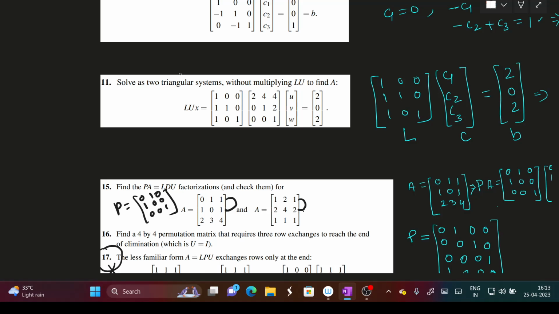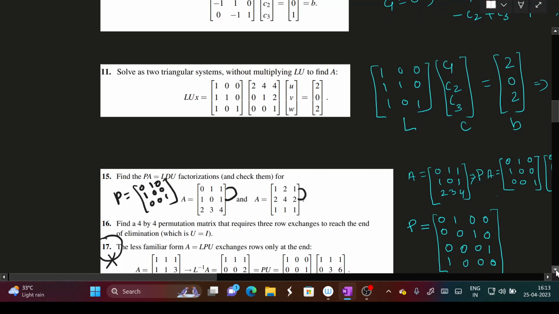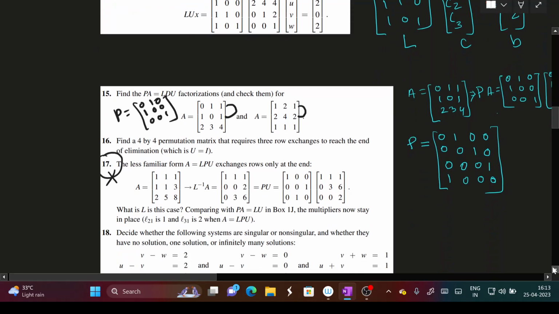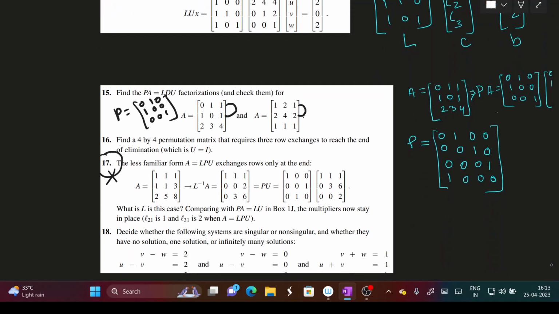That means one of the pivots is missing. But LDU factorization is possible only when all the pivots exist, that is, when it is non-singular. So for the second matrix, LDU factorization is not possible.